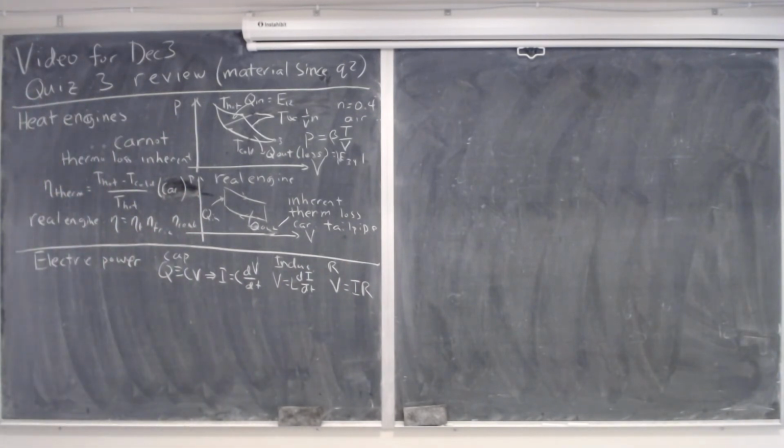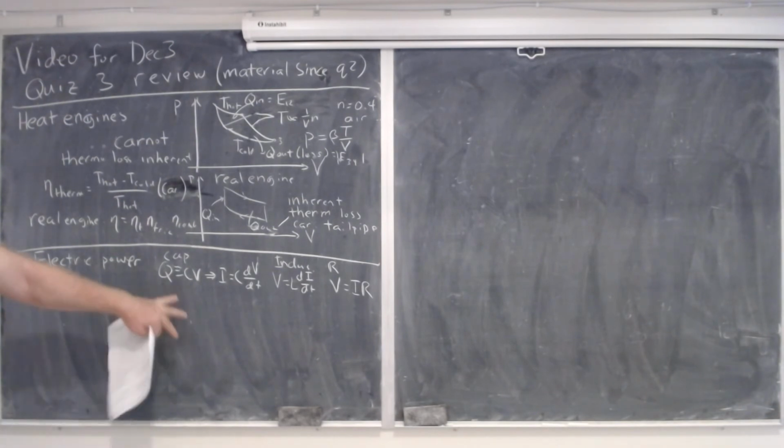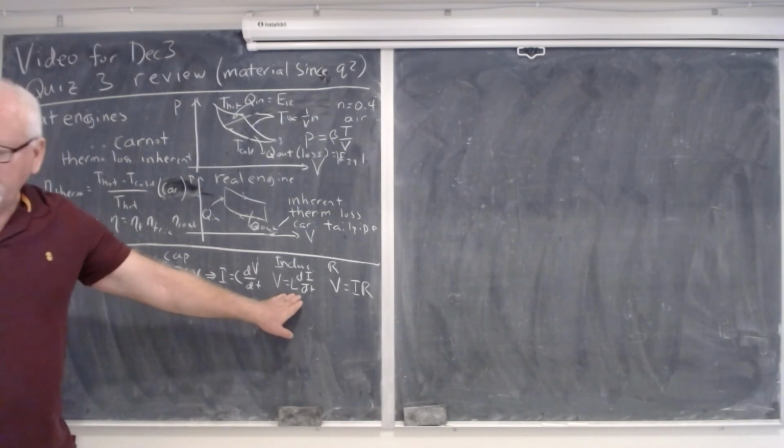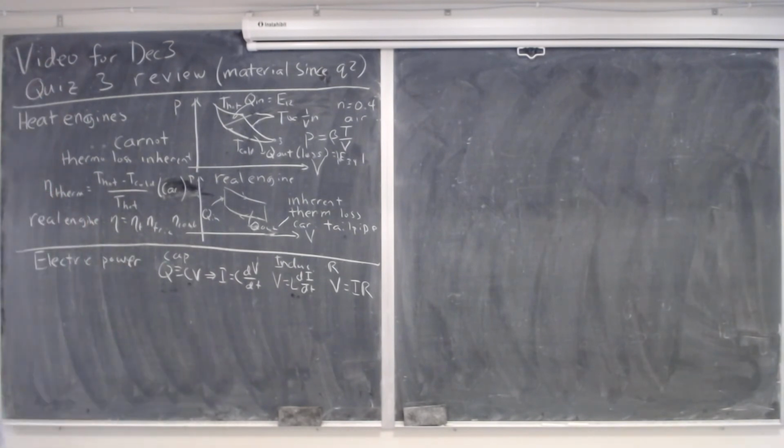So basically we started at the beginning of physics, and we learned that there are these elements: capacitors, inductors, and resistors. We learned from Gauss's law how to calculate what C is. We learned from Ampere's law how to calculate what L is, and those are all useful things to know.